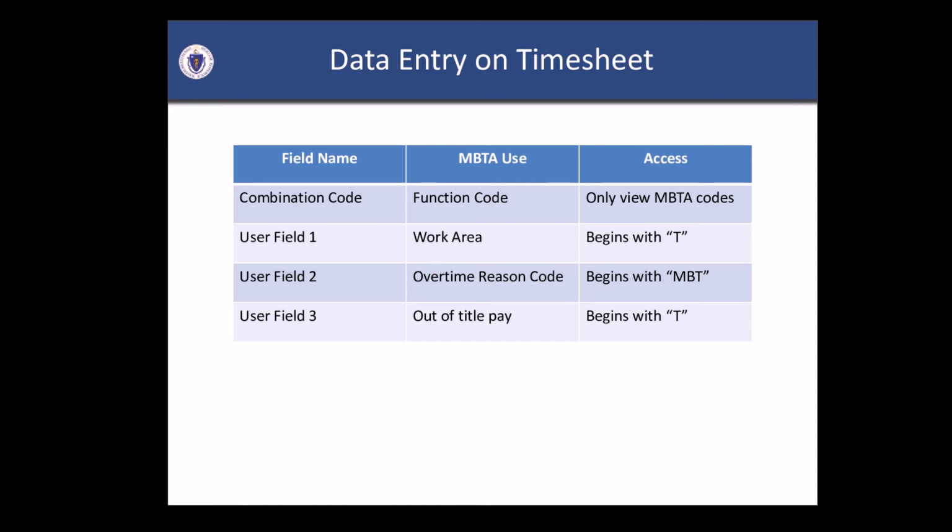User field 2 is a little bit different. That's the overtime reason code, and those begin with MBT. And then finally, user field 3, that's out of title pay, and those all begin with T as well. So that's kind of just a little tip for how to search for those different user fields.